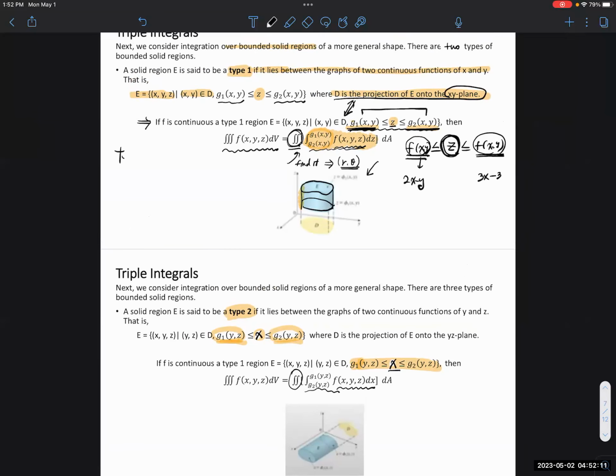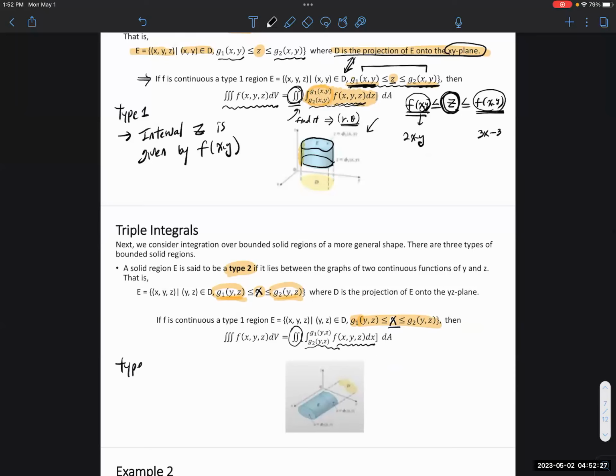Type 1, I'm going to write it: the interval of z is given by an f(x,y) function. Type 2, the interval of x is given by a function of y, z, a 2 variable function. So this is type 1 and 2.